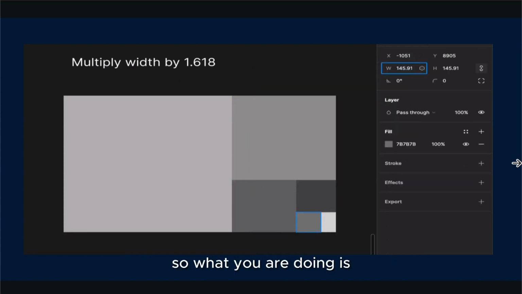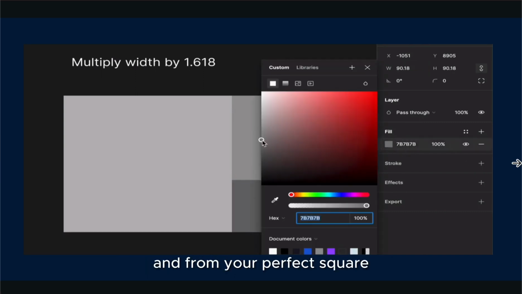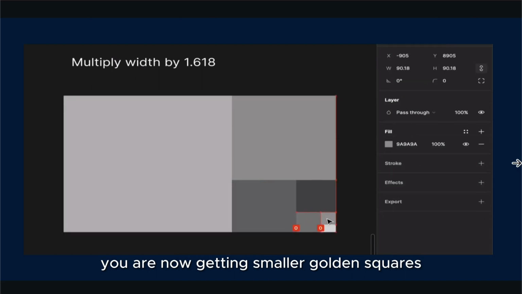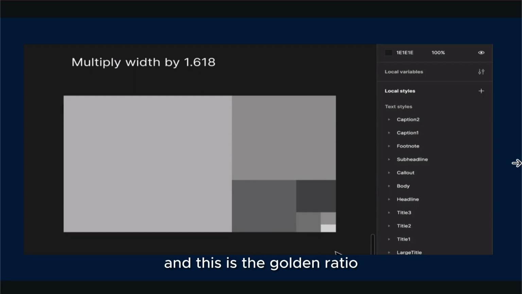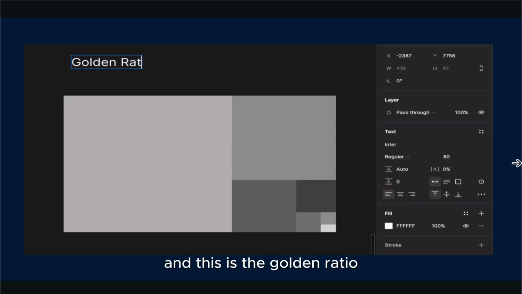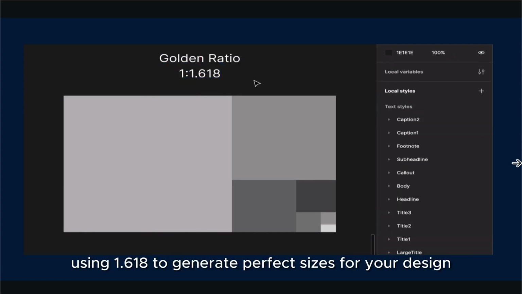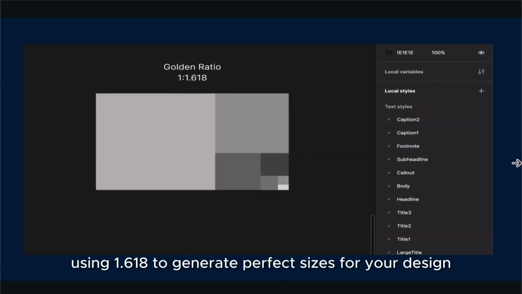What you are doing is dividing your golden rectangle into a perfect square, and from your perfect square, you are now getting smaller golden squares. And this is the golden ratio. It helps you divide your sizes using 1.618 to generate perfect sizes for your design.